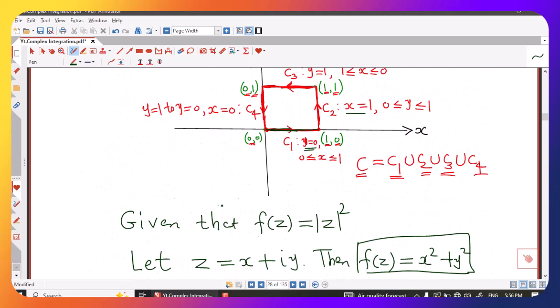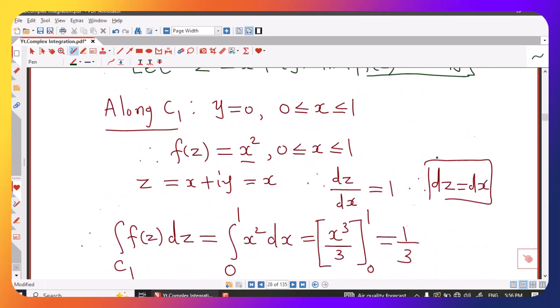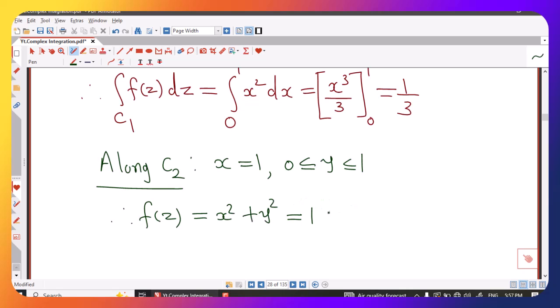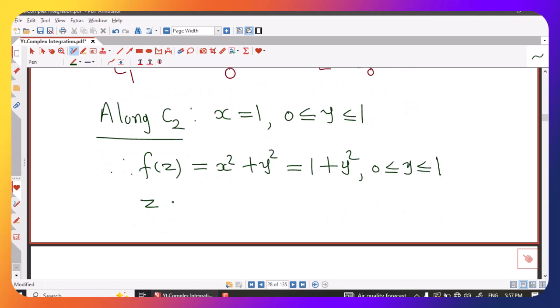Along C2 we have x is 1 and y lies between 0 and 1. So here I write x is 1, 0 less than or equal to y less than or equal to 1. Now our function is f of z equal to x square plus y square, and x is 1, so square of 1 is 1, and we have f of z in terms of y. F of z is a function of y, y lies between 0 and 1. z is x plus iy.